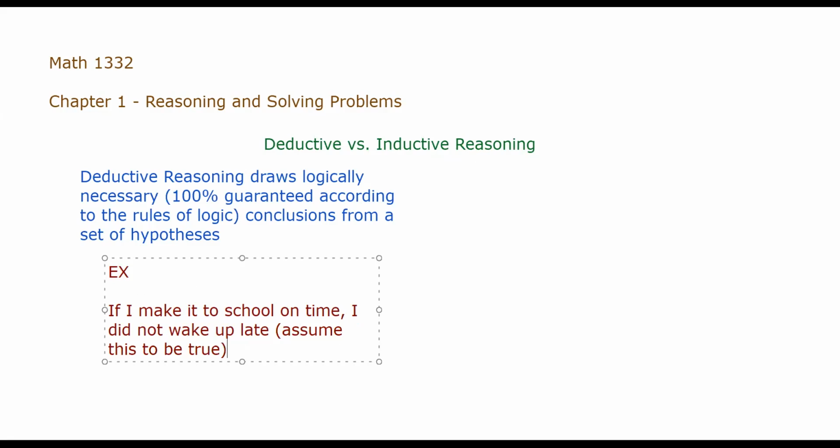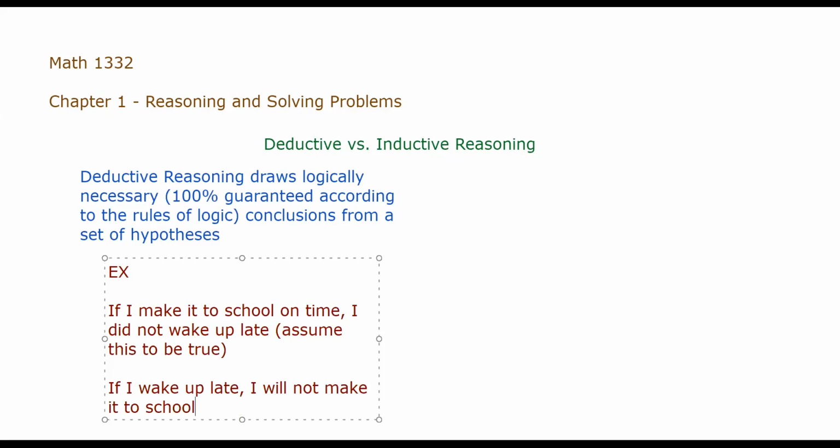Now there's other things that could make you late, but we're just going to make this assumption that it is true. If we are assuming that this is true, there's at least one thing that must be logically necessary from this. And that's going to be: if I wake up late, I will not make it to school on time.